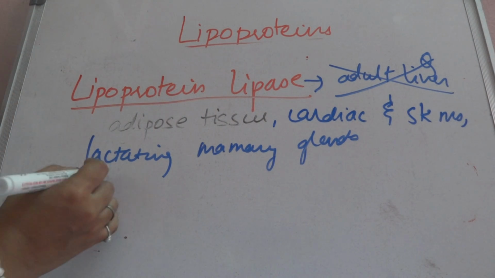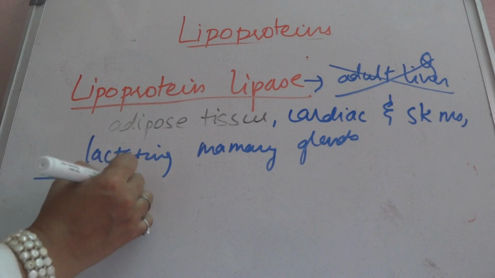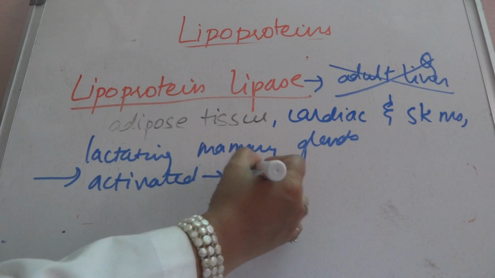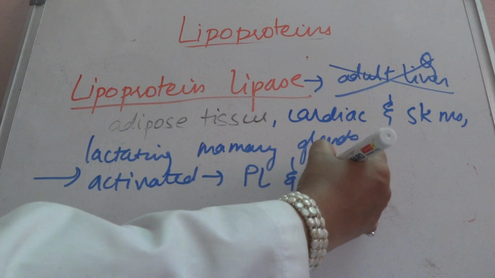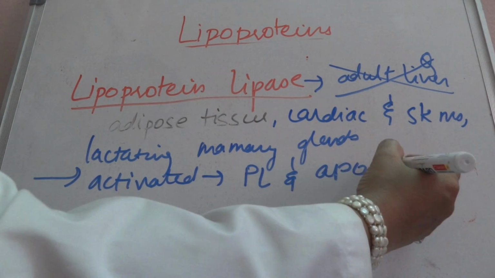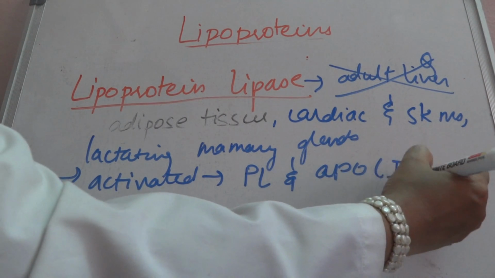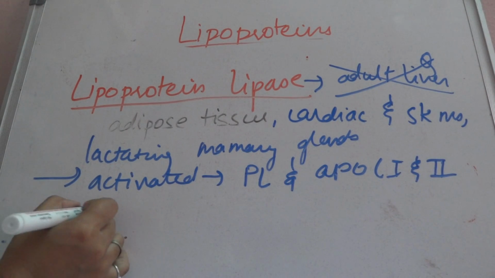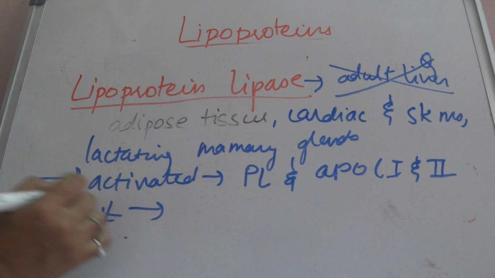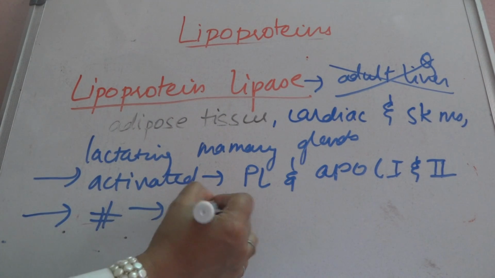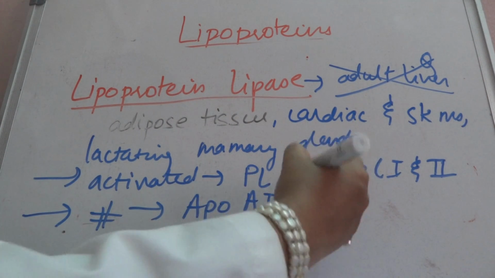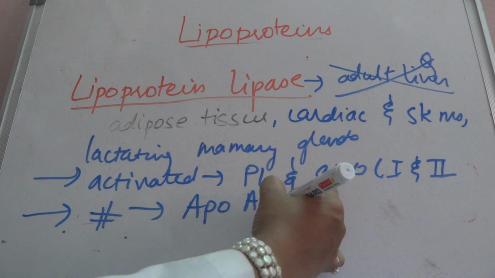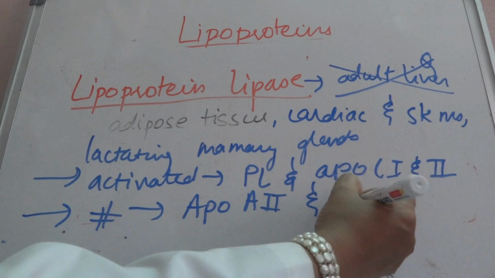Now lipoprotein lipase is activated by phospholipids and ApoC1 and C2. It is inhibited by ApoA1, ApoA2 and C3.